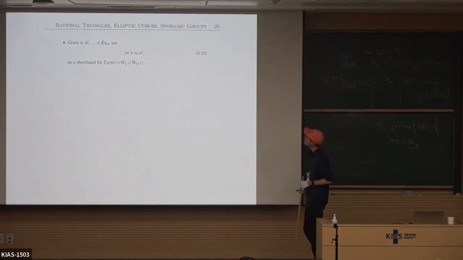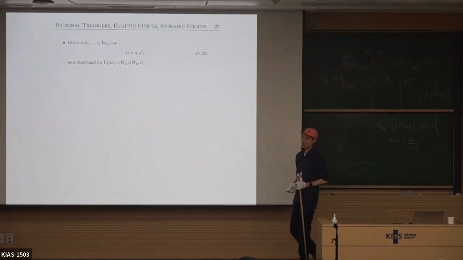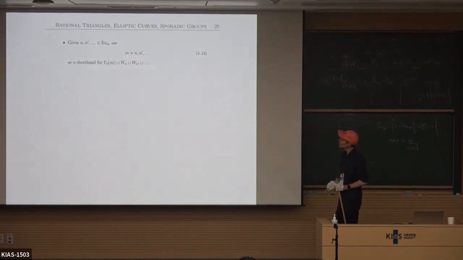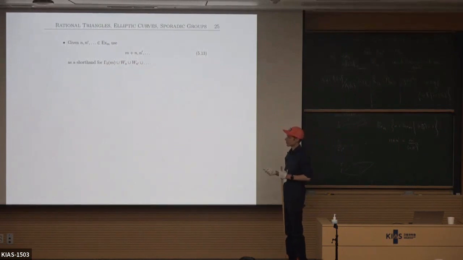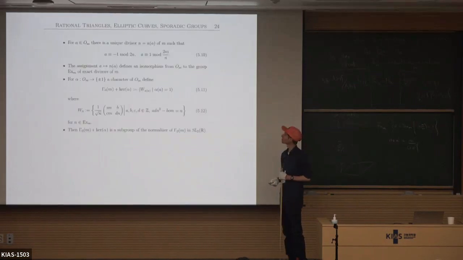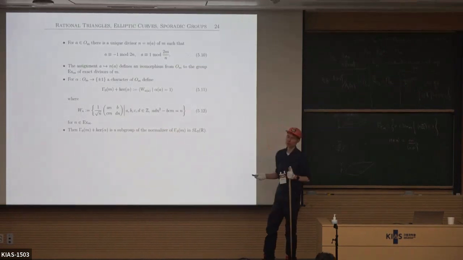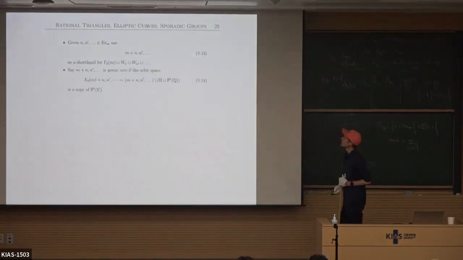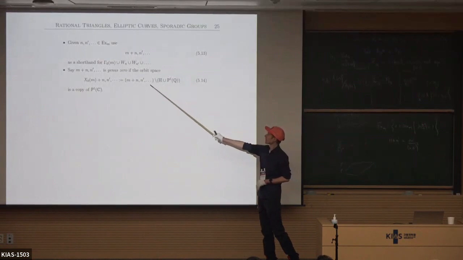And here's another tradition: to use as simple a notation as possible to denote these groups. So M plus N, M prime, N double prime, is a shorthand for gamma naught M adjoin these cosets Wn, Wn prime, and so on, where you remember Wn is defined like so. Just some coset of gamma naught M. If I have a group of isometries of the upper half plane, then I can consider its orbit space.